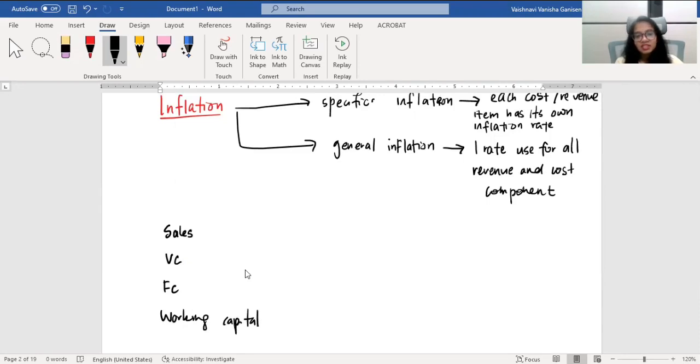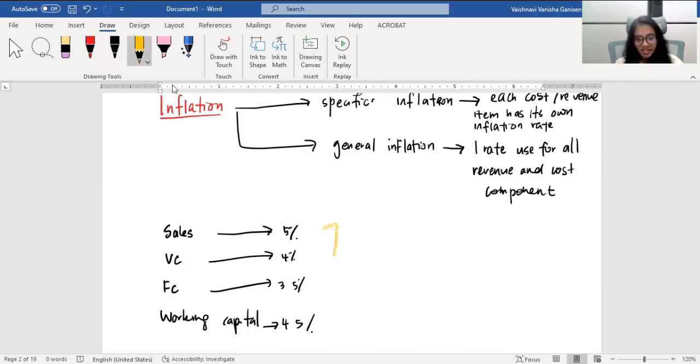If he says the selling price inflation is 5%, the variable cost inflation is 4%, fixed cost is 3.5%, and your working capital is 4.5%, I bet you can see that this is a specific inflation rate.